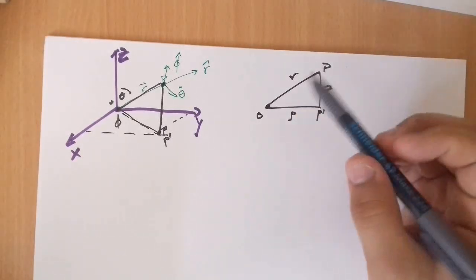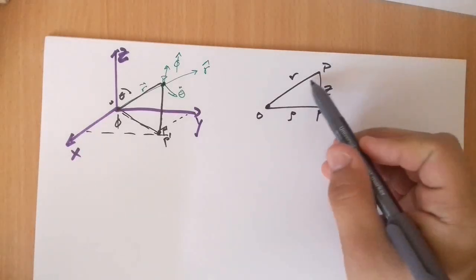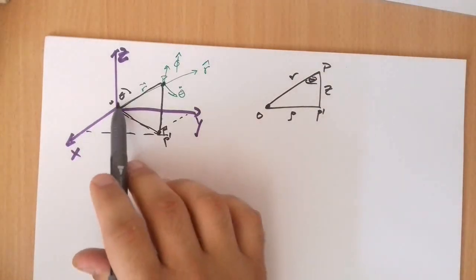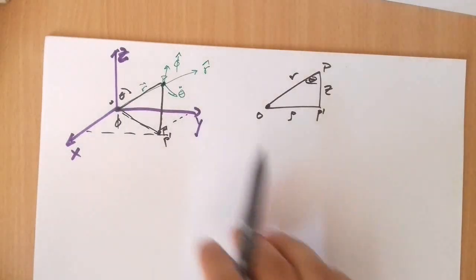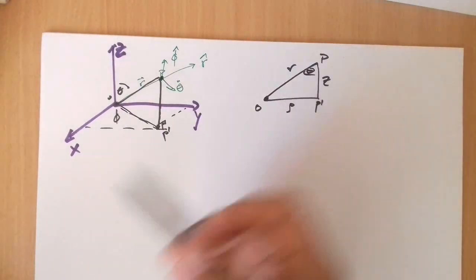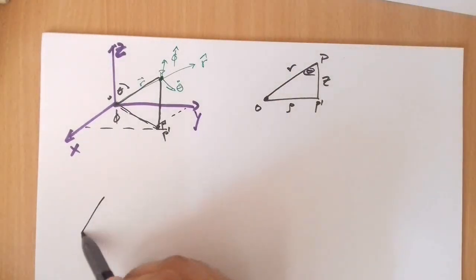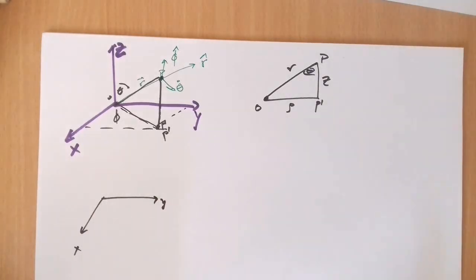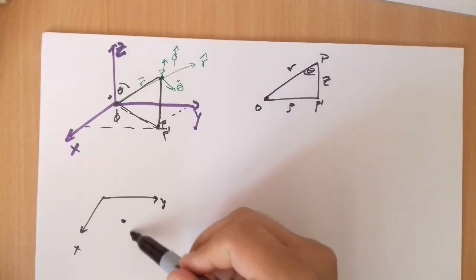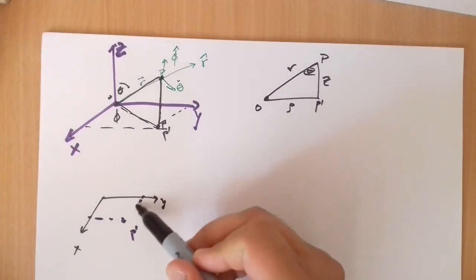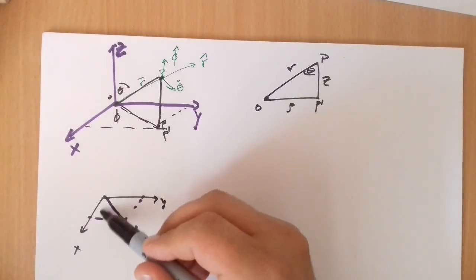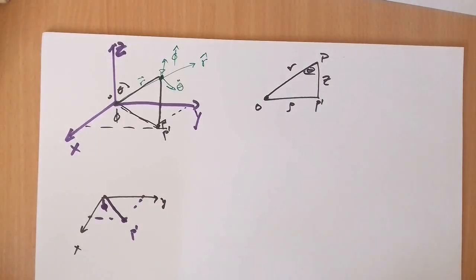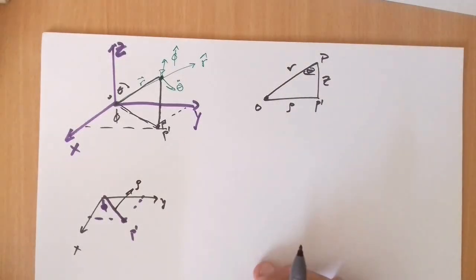And this angle, we can call it theta, is the same as this one. But in the XY plane, we have X and Y here, and we have point P prime. This angle is phi, and this is the rho.